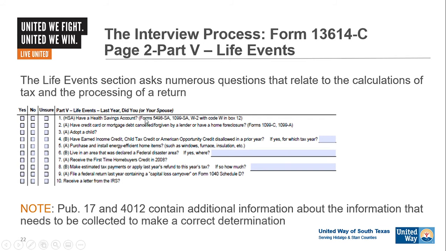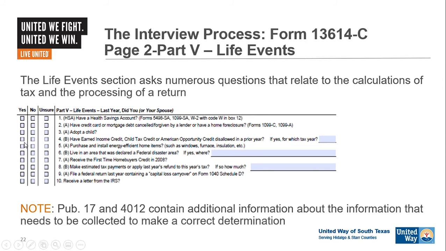Like you see here, there's health savings account. This is important. They need these forms. Purchase and installation of energy efficient home items such as windows or furnace installation.